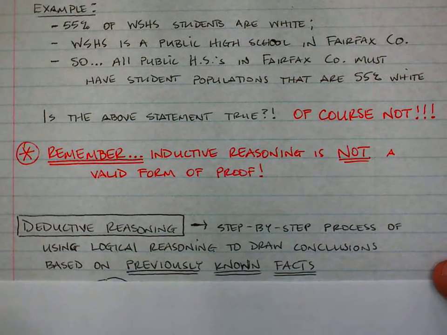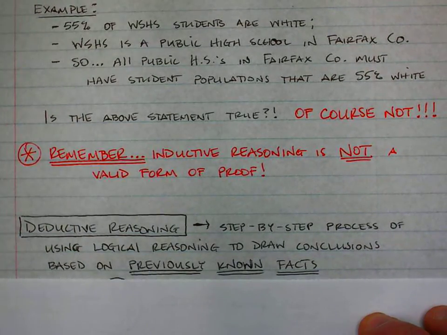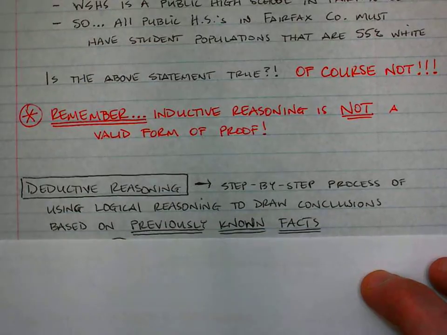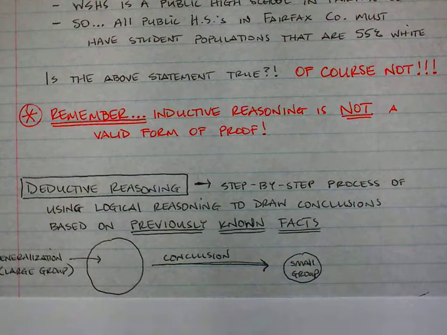Okay, deductive reasoning is the step-by-step process of using logical reasoning to draw conclusions based on previously known facts. Now this is different from what we did in inductive reasoning, because where in inductive reasoning we were using information from a small group to make generalizations about a larger group, here it's the other way.